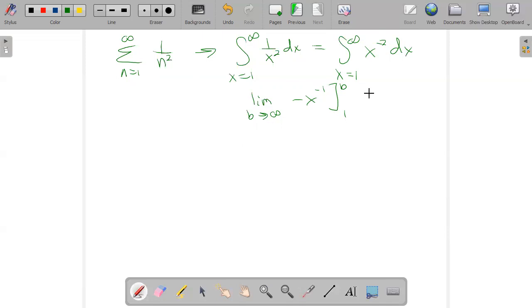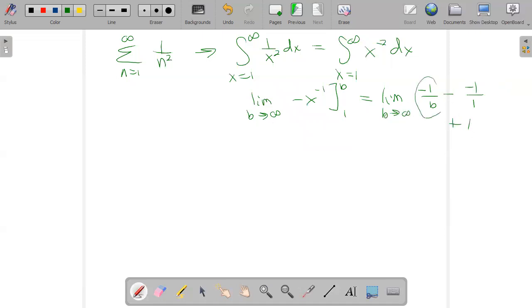Now that's really negative 1 over x. So I have the limit as b goes to infinity of negative 1 over b minus negative 1 over 1, which is just going to be a plus 1 here.